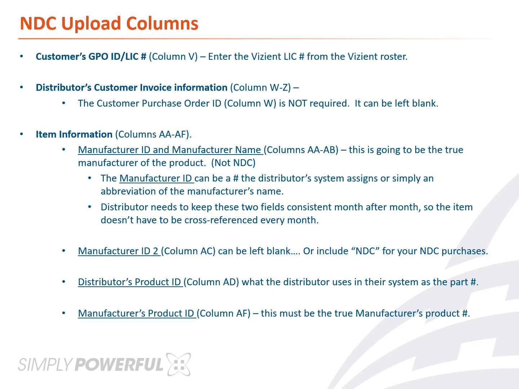If the product was purchased from NDC, you can always include that in column AC, which is the manufacturer ID 2, although this field is not required and you can leave it blank. Make sure column AF, the manufacturer ID, is the actual product reorder code as set by the manufacturer. This has to match the product codes on the contract in order to validate that line.